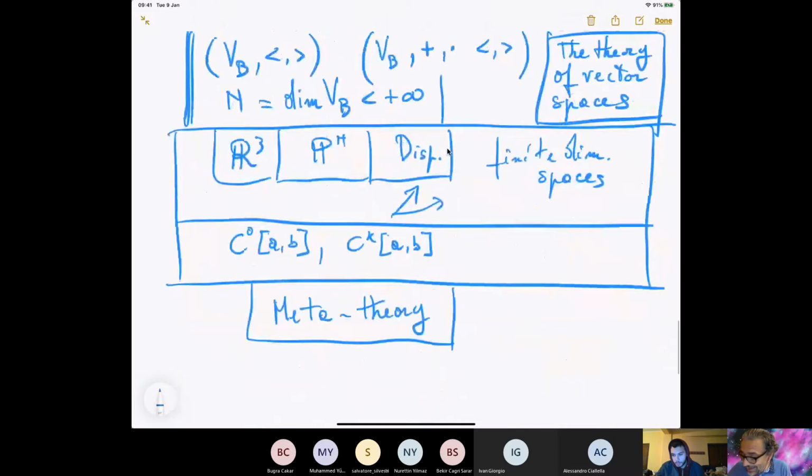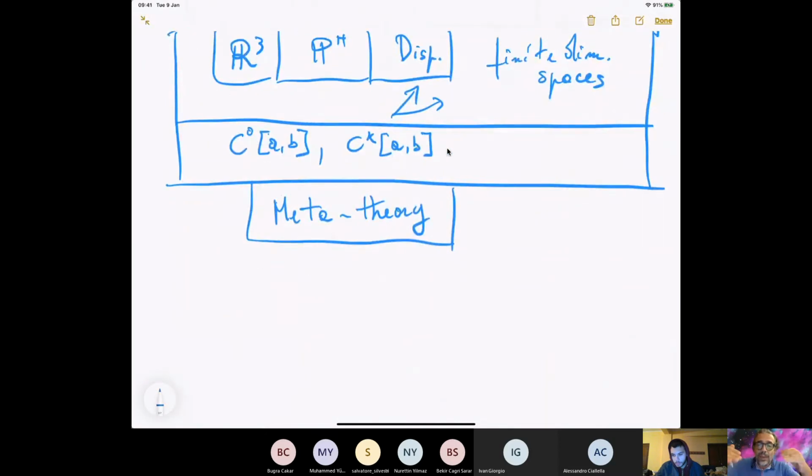So scientists are building meta theories over meta theories. So you mathematicians actually are building sequences of meta theories, more and more abstract.